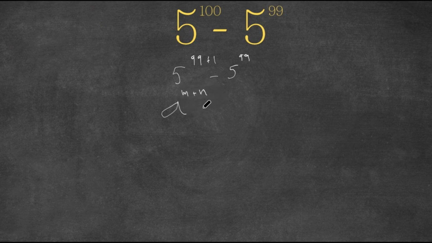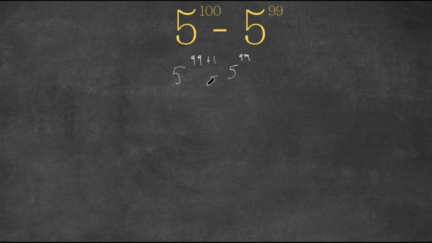This is also written as a to the power of m times a to the power of n. Because remember, when we're multiplying exponents with the same bases, we add the exponents together and keep the base. We're essentially reversing this.